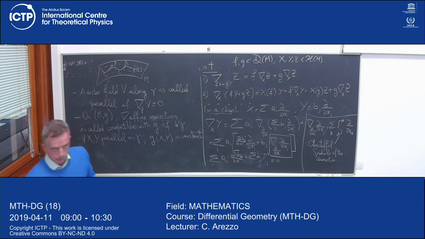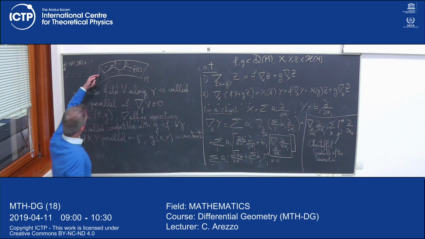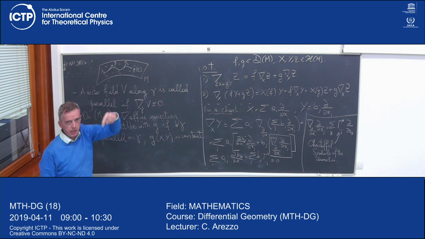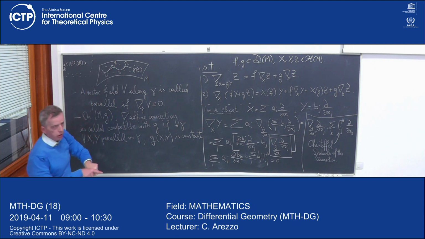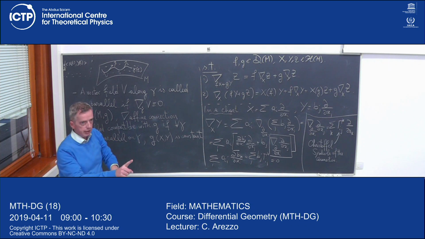Okay? We are moving on a delicate subject. So all this story is telling me what at least I should call a constant vector, even though you see, if I drew it, it would be changing quite a lot. But now I know what it means to be parallel. And the compatibility I require is that if I take two parallel vector fields, the scalar product between them doesn't change in time.